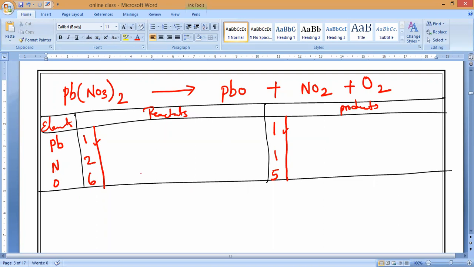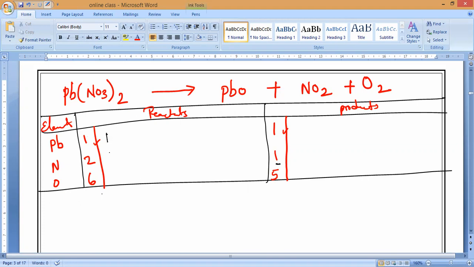Nitrogen or oxygen? First, nitrogen. Nitrogen here is 2, but here only 1. So what can I do? I can put 2 on the product side.